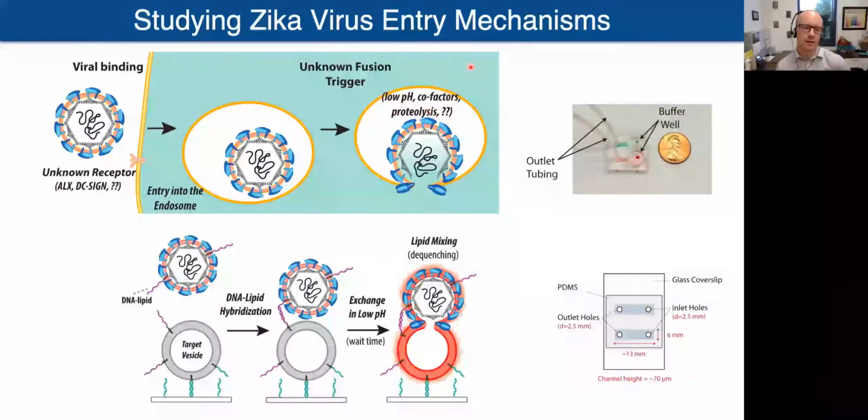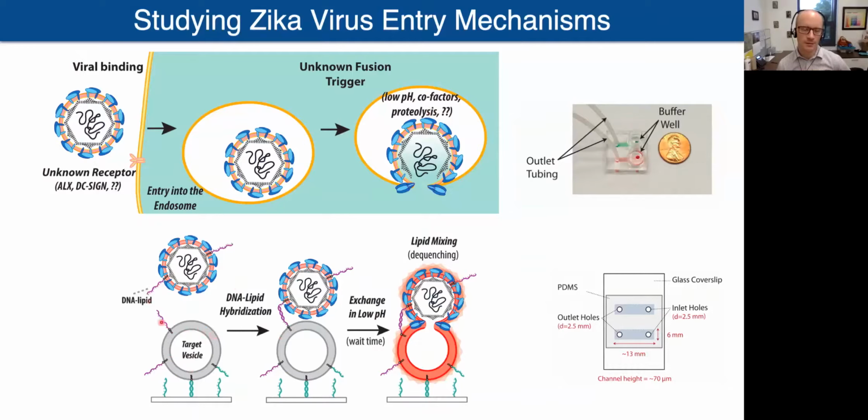So how are we going to do that? Well, we used a biophysical approach in which we could watch individual viruses fusing with artificial model membranes by fluorescence microscopy. Let me walk you through this experimental design. The target membrane in this case is actually not a cell, but a membrane that we make ourselves, so we control basically everything about its composition.